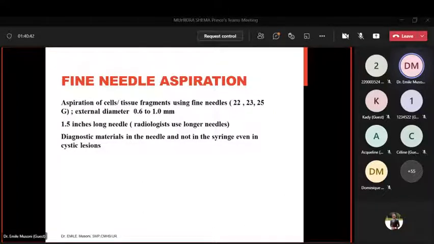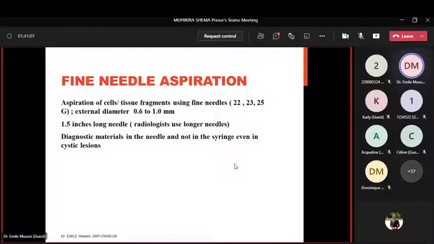This is a shared experience with the fine needle aspiration practice. First of all, an indication for fine needle aspiration is that you must have a palpable mass. If you don't have a palpable mass, you don't do fine needle aspiration.